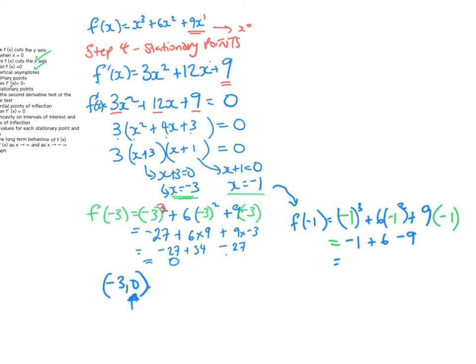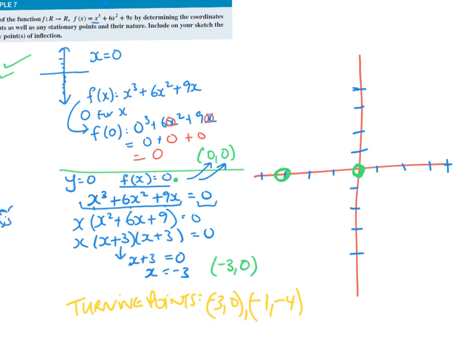Equaling -4. So our second stationary point that we found in this process is -1 for the x and -4 for the y. So we can go ahead and plot these points also on our previous graph.